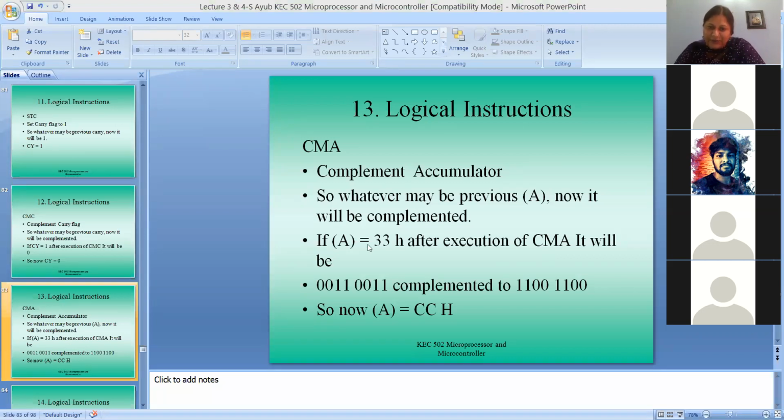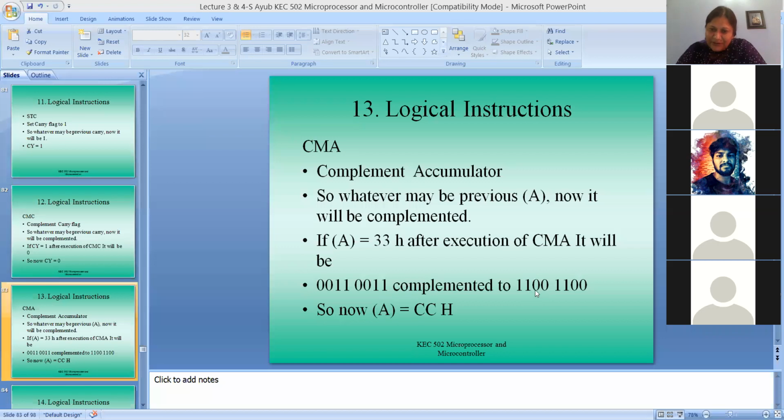If your accumulator previously contains 33, that is 0011 0011. When you complement, each 0 becomes 1 and each 1 becomes 0. So each and every bit is complemented.